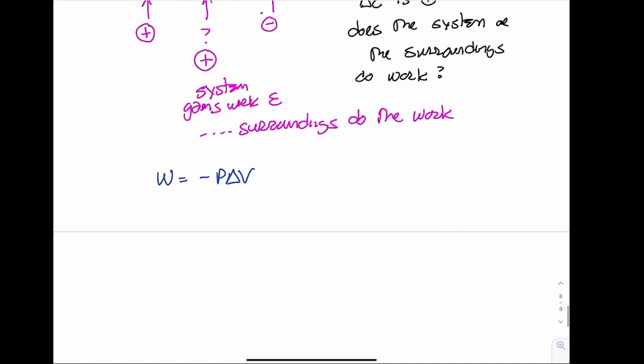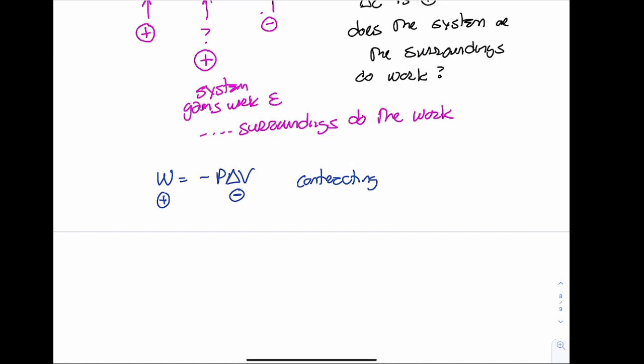And the way I think about it is that if work is positive, right, if this is a positive value, that means that delta V has to be negative, right? A negative times a negative is giving me that positive. So that means my system is contracting, right? My volume change is negative, my system is contracting. And the way I think about it, if it's contracting, who's pushing, right?